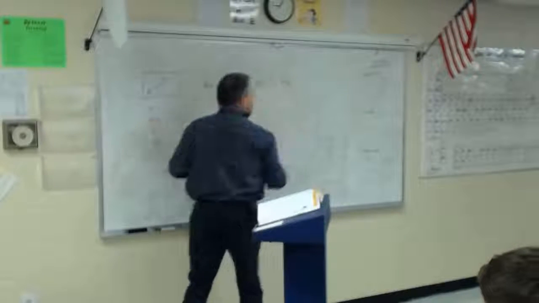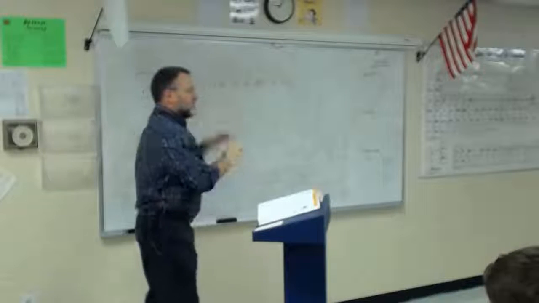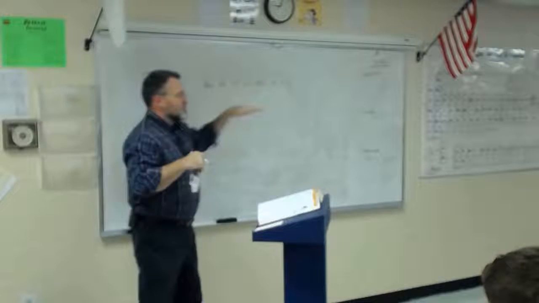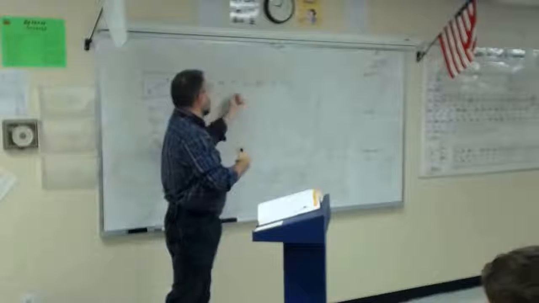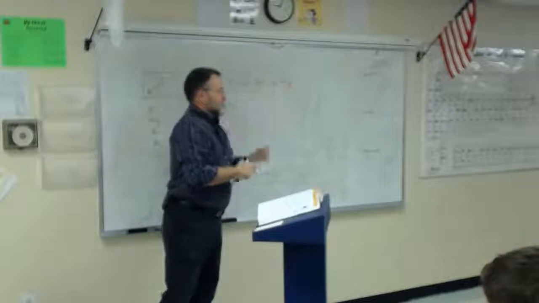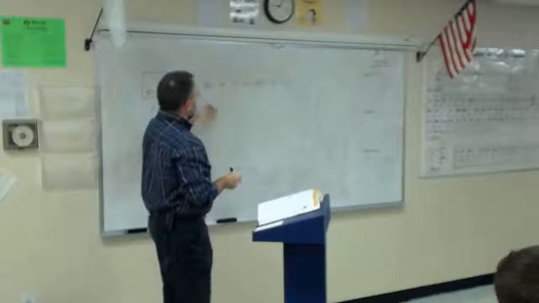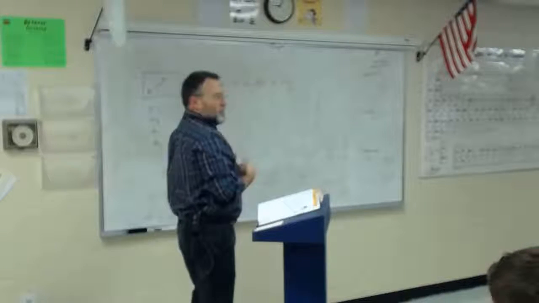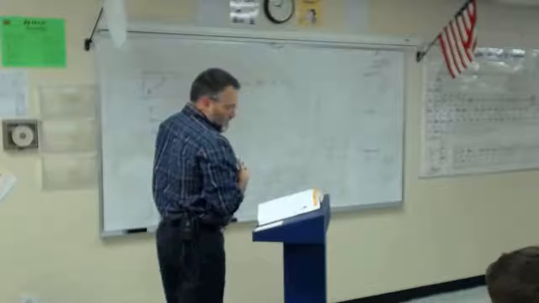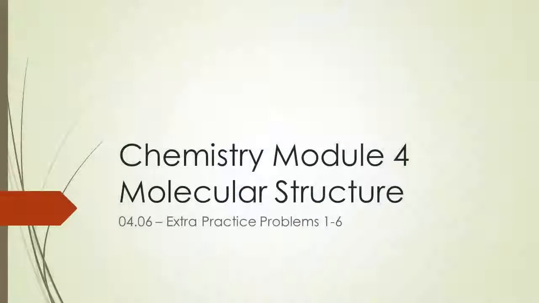Because I know the trend is from right to left, my radius is getting bigger. Since they're all in the same row, I just read them from right to left. Right to left is increasing radius. You could have put Mg is greater than going the other way too. But if it says order the following in terms of increasing radius, start with the smallest one and order them to the biggest one.